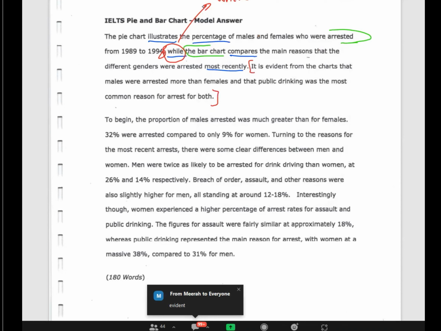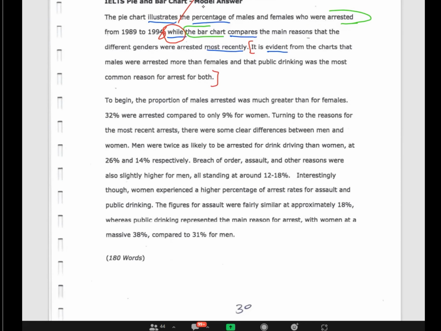But if you say it is evident, this is also fine. It shows that this is an overview sentence. So evident is a keyword, yes? Other keywords? The most. The most common. More than.